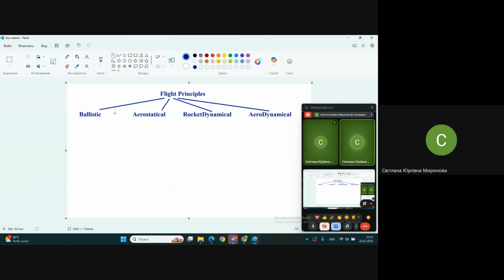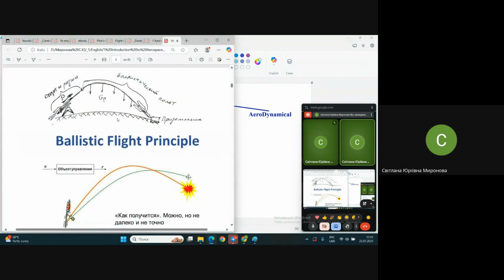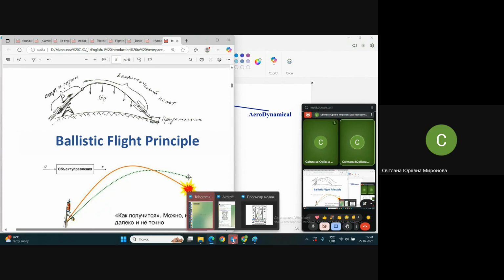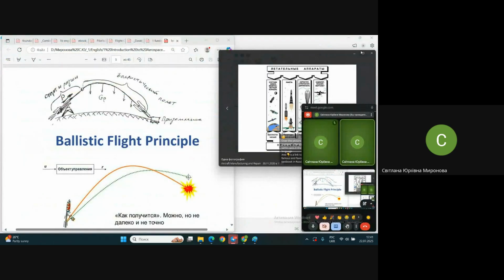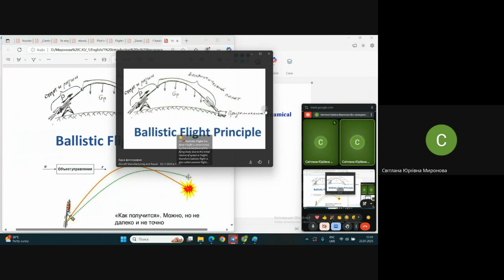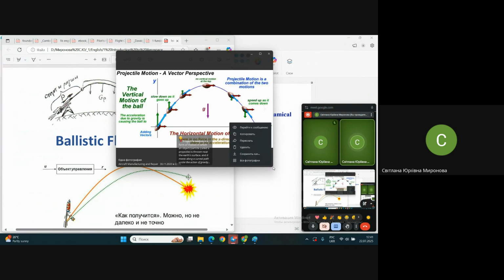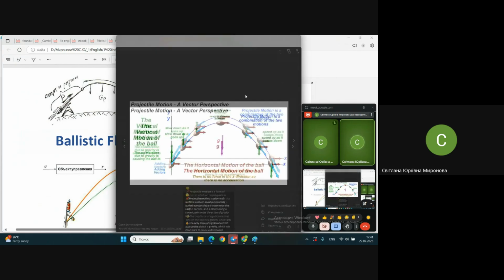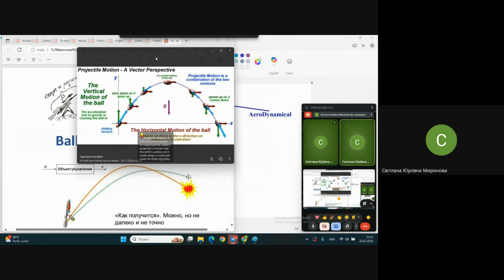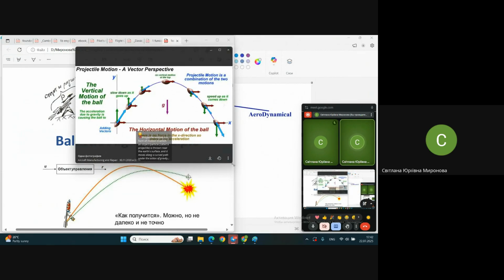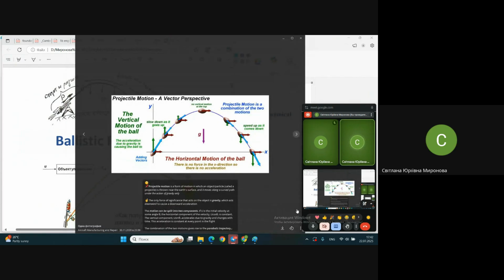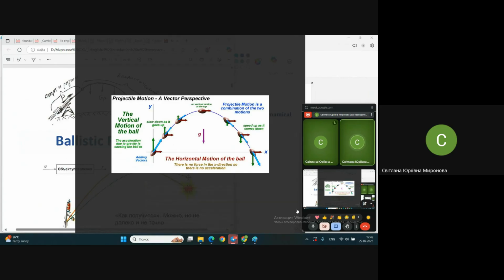So what do I mean that ballistic flight is not compulsorily a clean ballistic projectile? We may imagine what it looks like when someone throws some object, or a gun is shooting, and due to this we have motion of an object, which was initiated, started with some initial force, some initial impulse.